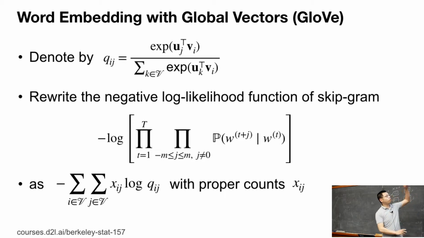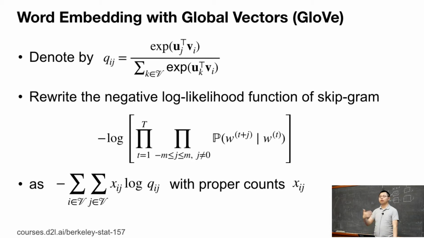This is one from the time series form, the other is the frequency form, like doing an FFT on the sequence. Now we can rewrite the negative log likelihood function this way, where x_ij is how many times the pair ij appears. These two forms are equal. In the second form, we iterate over all center words and all context words, with the count times the log of the conditional probability.